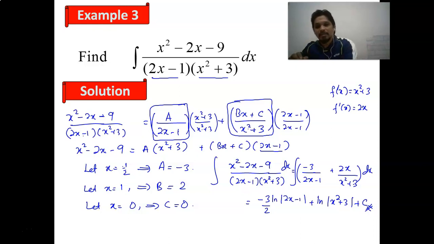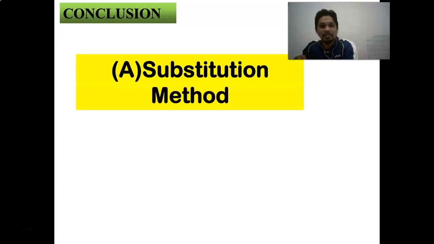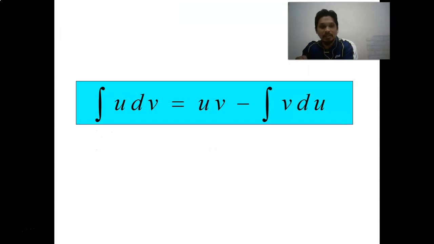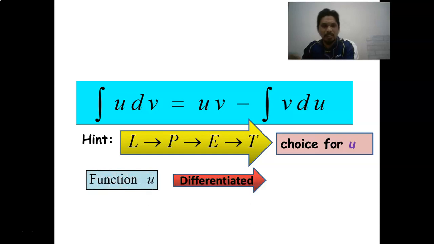Okay, so then class, the conclusion: the substitution method here, and this is what we call the formula for integration by parts, and this is a hint, just a guidance for you to choose which comes first. If it's between log and exponential, choose the log as u and exponential as dv.